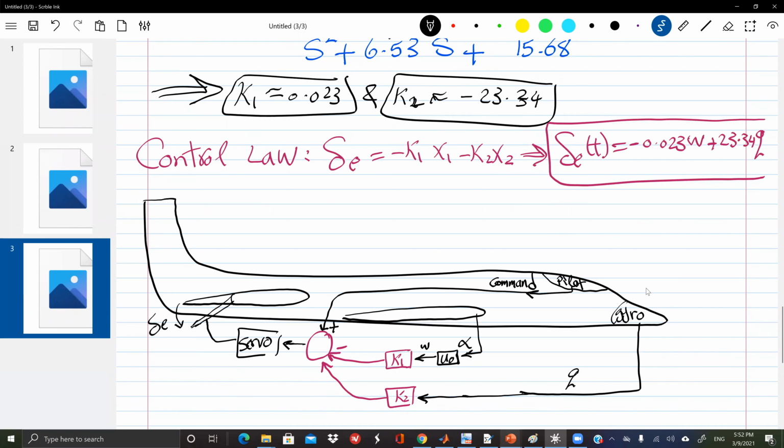Not necessarily. You have to delve into the system sign conventions to know what is going on. But yes, you're going in the right direction. Typically, negative feedback is the convention.